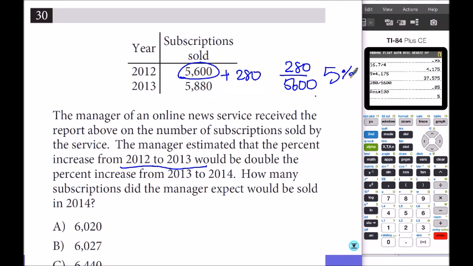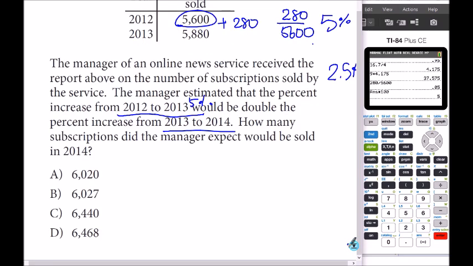So what did I say? The manager estimates the percent increase from 12 to 13, which is 5%, will be double the percentage increase from 13 to 14. So that's half of what it increased, which will be 2.5% increase, right?